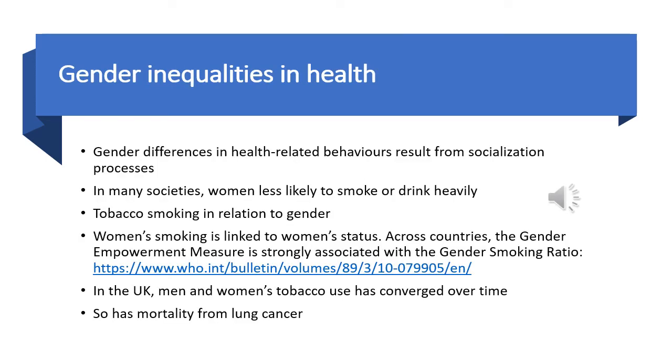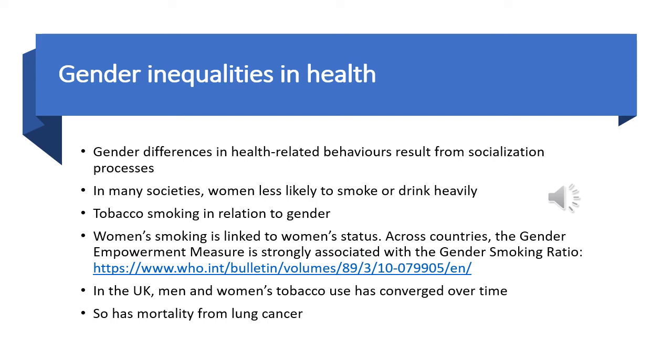Another aspect of gender inequalities in health is looking at health-related behavior. You can find that there is a variation in health-related behavior in men compared to women, for example, tobacco use, alcohol consumption, drug abuse, and risky sexual relationships. But you need to understand that this variation in health-related behavior results from the socialization process.